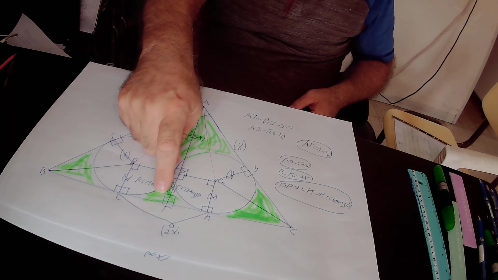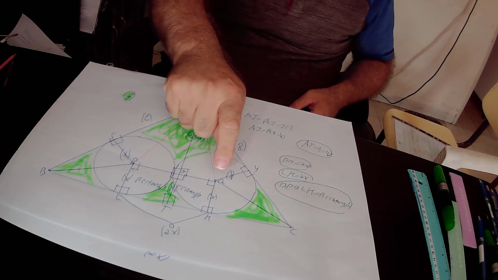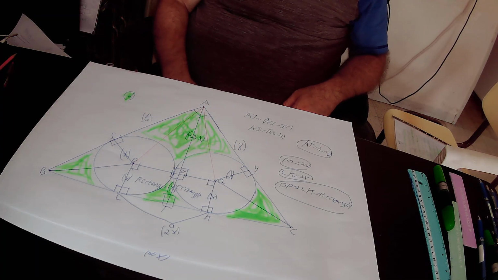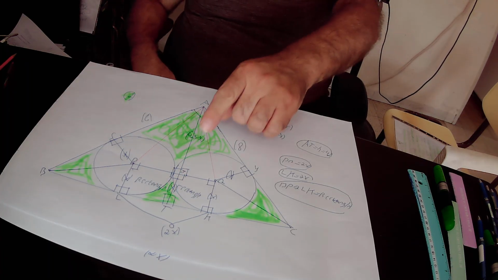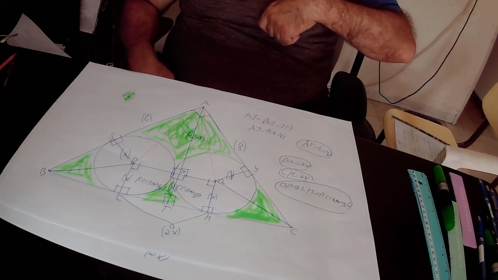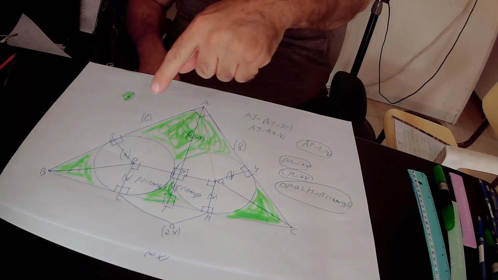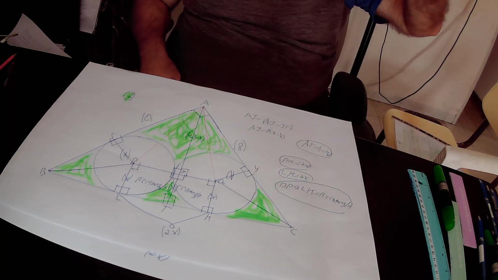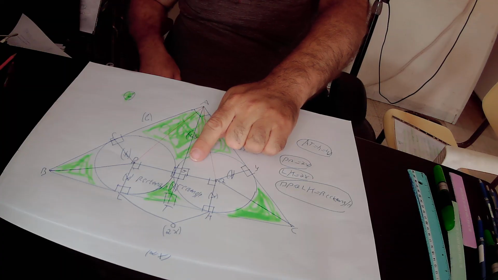Those two angles are both located between the parallels PQ and LK. According to the rule, the corresponding angles between parallels are equal to each other. Those two corresponding angles must be equal to each other. But this is the right angle, therefore this angle is also equal to 90 degrees in size according to the rule that I mentioned. Likewise, those two corresponding angles are located between the same parallels PQ and LK, and therefore they must be equal to each other in size. But this is the right angle, therefore this angle must be equal to 90 degrees in size.